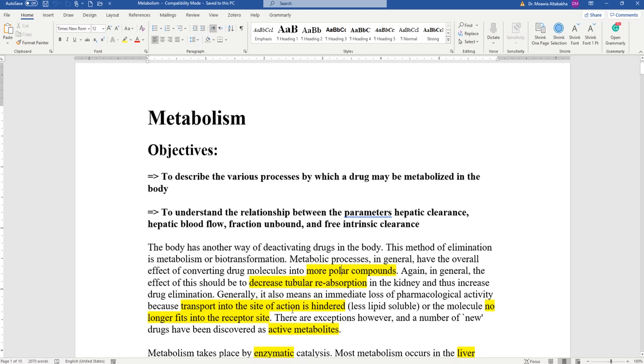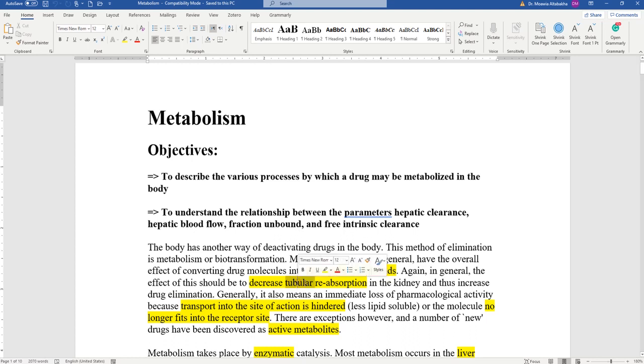One, there will be a decrease in the tubular reabsorption. Remember, we need to go back to what we discussed previously regarding kidney excretion: what affects the clearance by kidneys is glomerular filtration, secretion, and reabsorption.